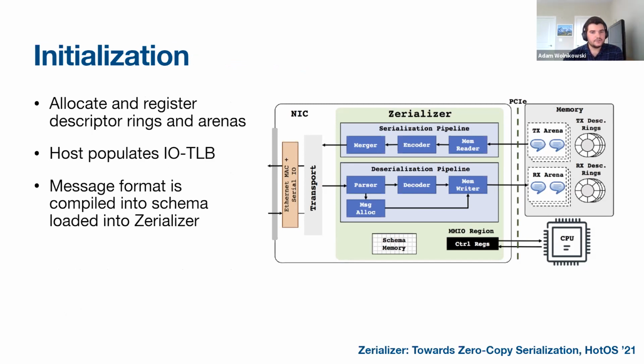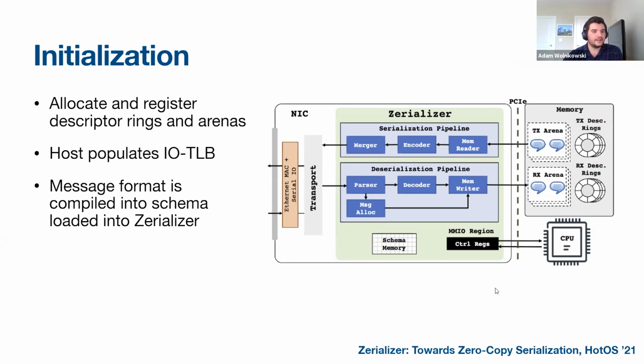To initialize the serializer for this process, there are a couple of simple steps. First, you have to allocate transmit and receive descriptor rings and transmit and receive arenas, and register them with the Zerializer from memory. These arenas store the RPC message objects, so the host has to populate the IOTLB with the necessary virtual address to physical address translations.